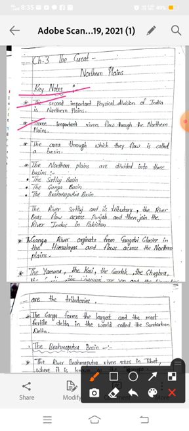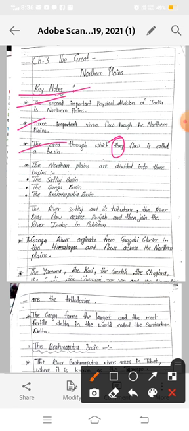because these rivers originate outside of India and then enter India. Now the area through which they flow is called a basin. What do you mean by the basin?